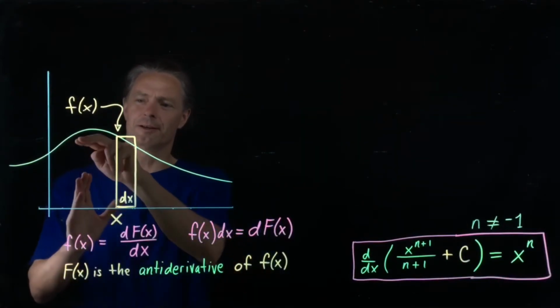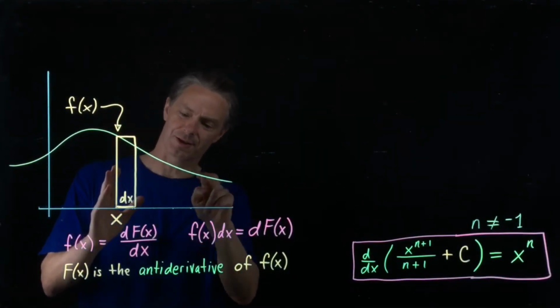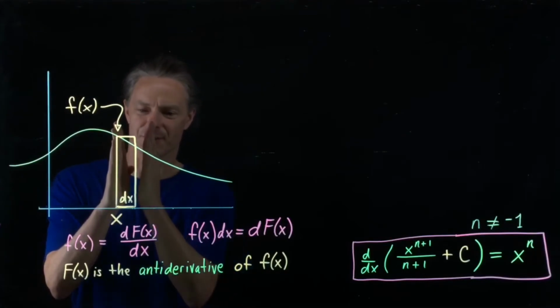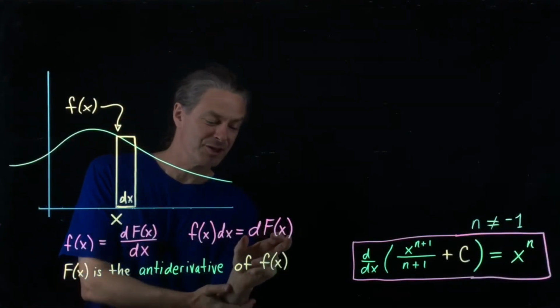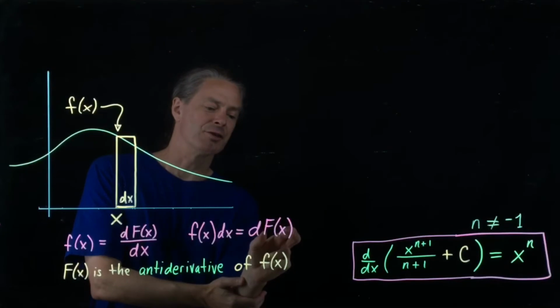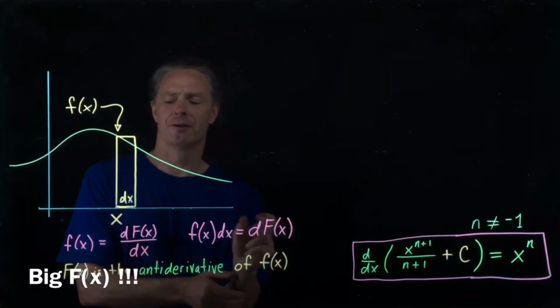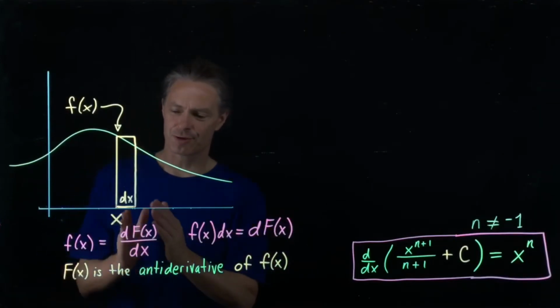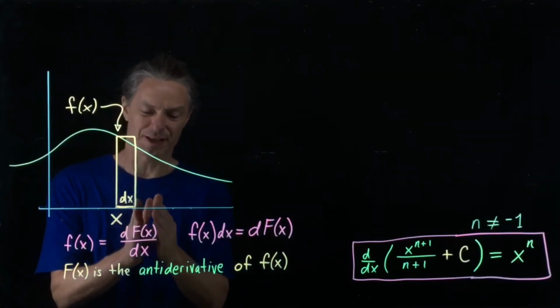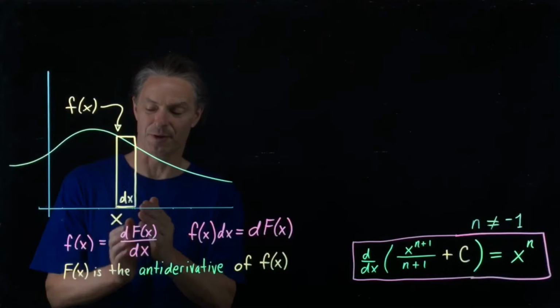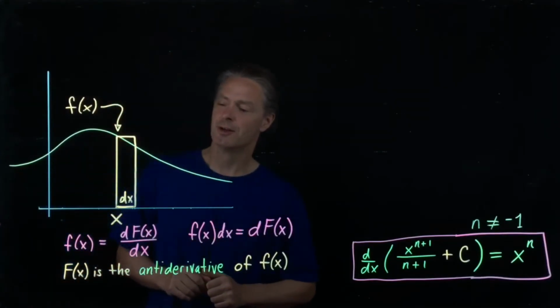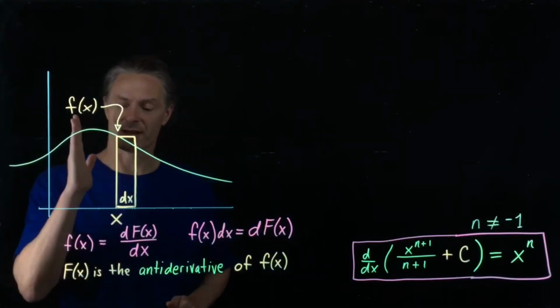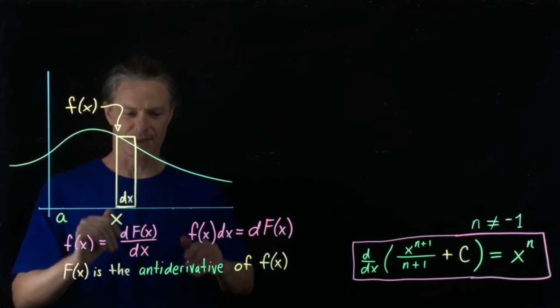So the area under the f of x versus x curve from x to x plus dx is equal to the infinitesimal change in our antiderivative function big F of x from x to x plus dx. So if that's true for an infinitesimal, and it's true for the next infinitesimal and the next infinitesimal and all the prior infinitesimals, then it should also be true from, say, going from x equals a to x equals b.